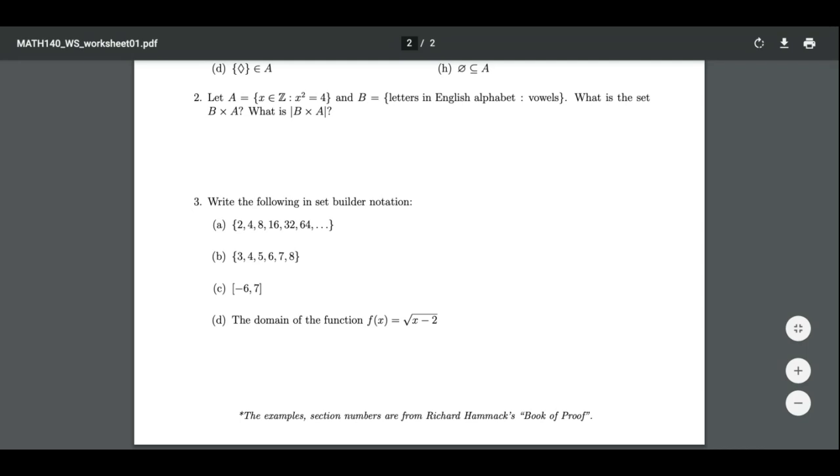So we will write it in set notation like this: n in N, then 2 raised by n. That's the set builder notation. So n in N, colon, 2 raised by n.